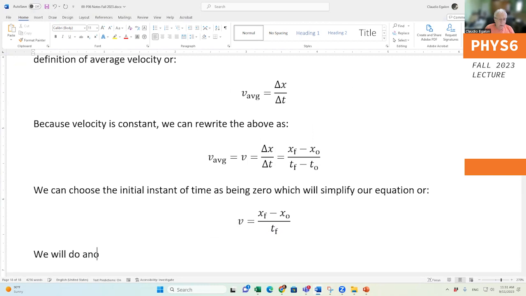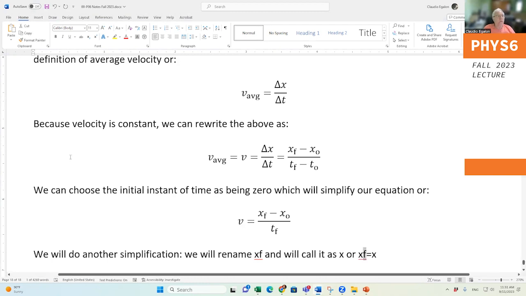We'll do another simplification. We will rename xf and call it x, just to simplify our notation.